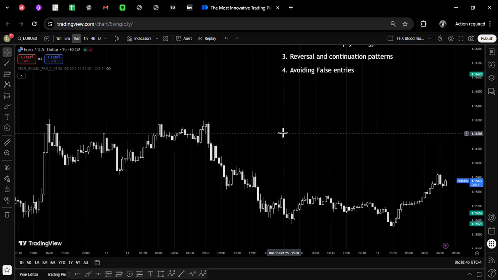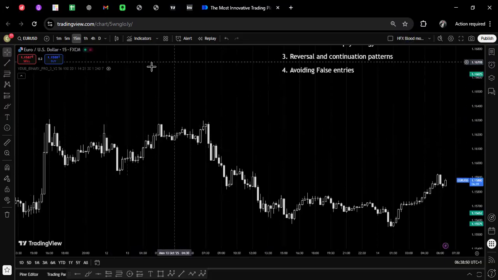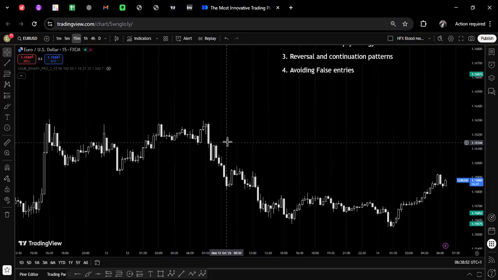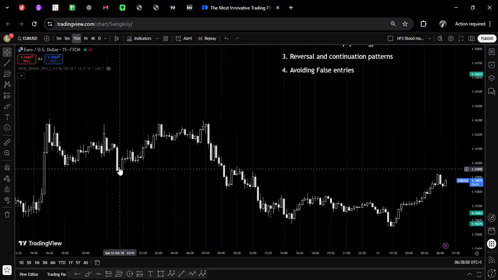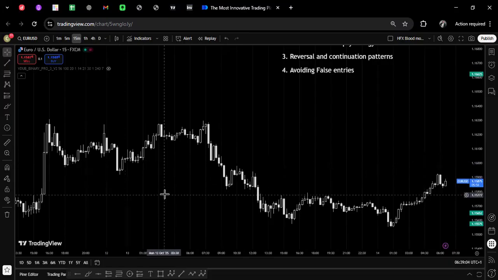the doji. Doji candle patterns, just like this, are good reversal candle patterns.